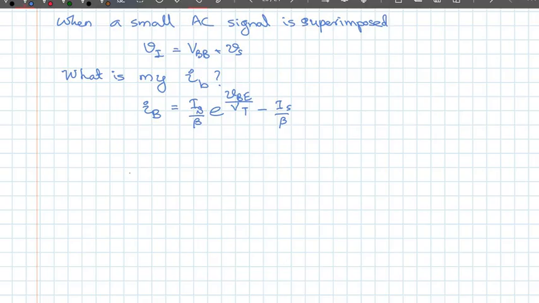So therefore this IS is the maximum IC. In other words, this is the saturation current of the IC, and when you divide it by beta, that is the current in the base at saturation, at almost saturation.